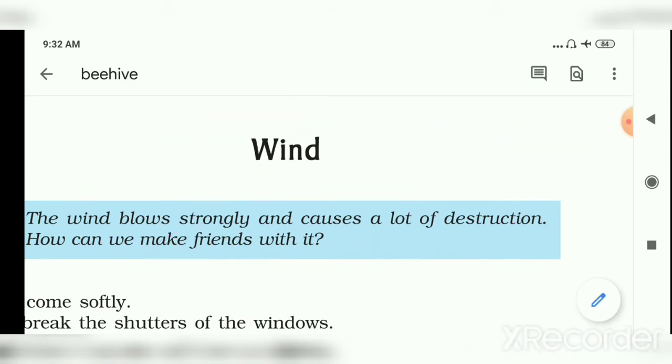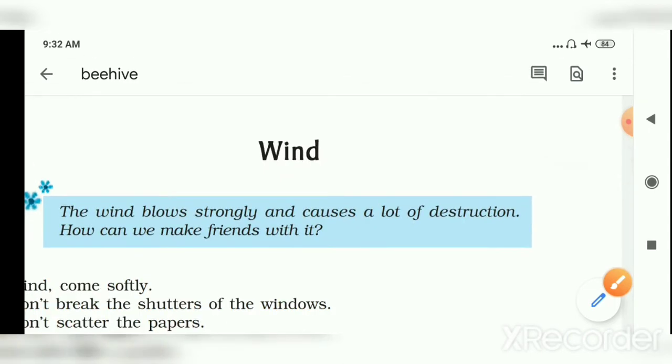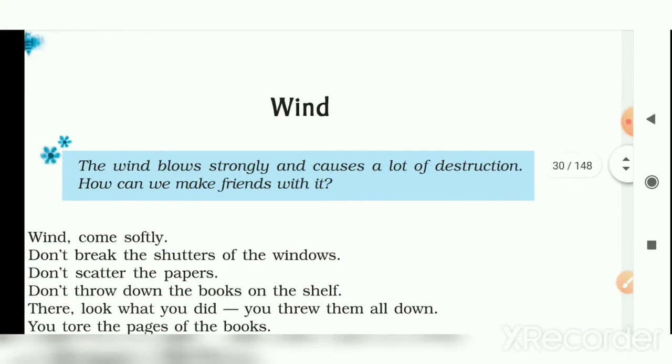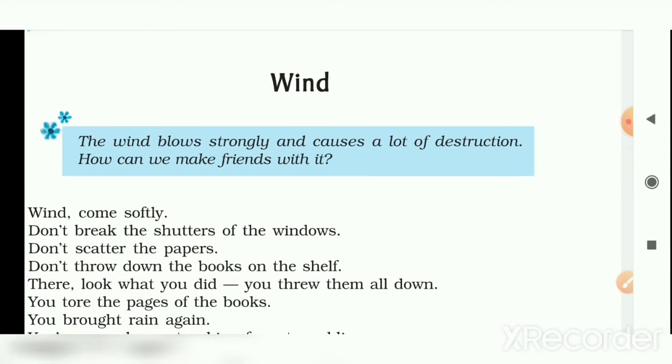In our surroundings also we will do one thing, and that's what? If someone is so strong, so powerful, we'll make friendship with him or her, so that we will be safe under his shelter, under his shield, under his protection.